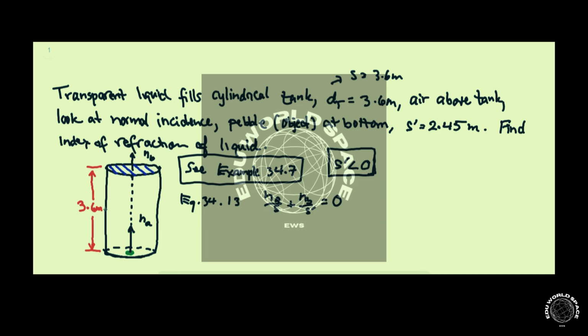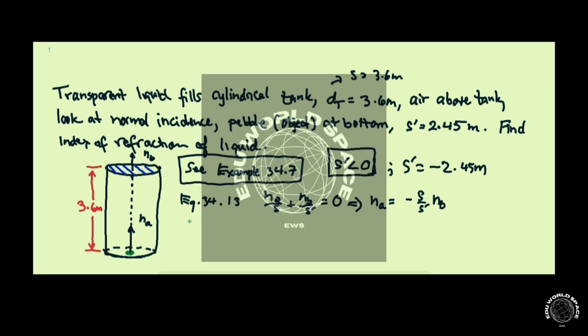If we do some rearranging of this equation, we can find that Na is equal to minus S over S prime times NB. Now we'll plug in the numbers while keeping in mind that S prime is less than 0, so let's write that explicitly as negative 2.45 meters.